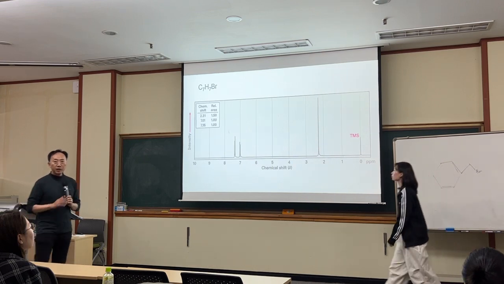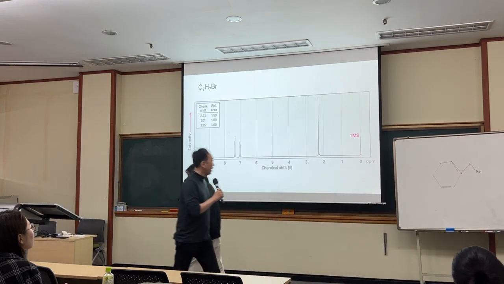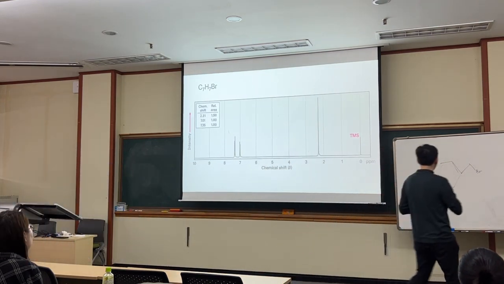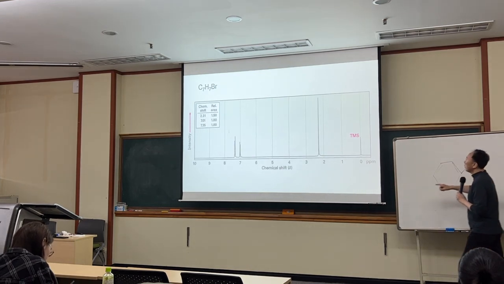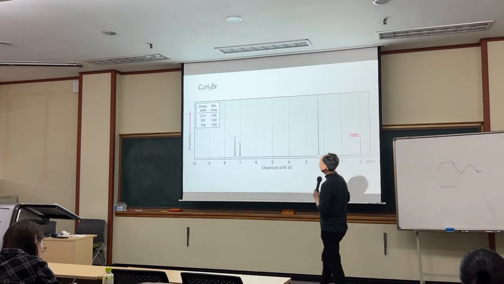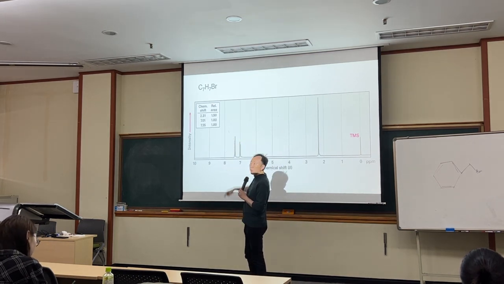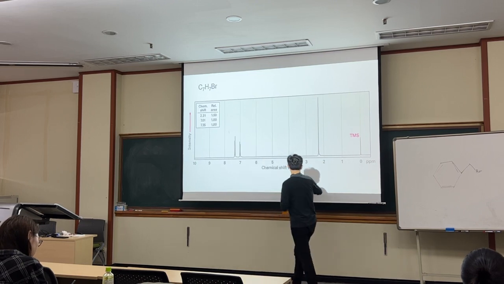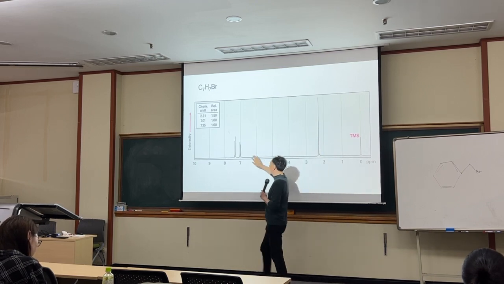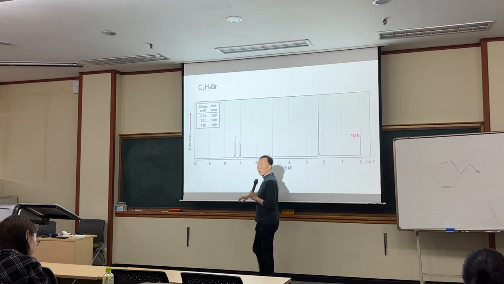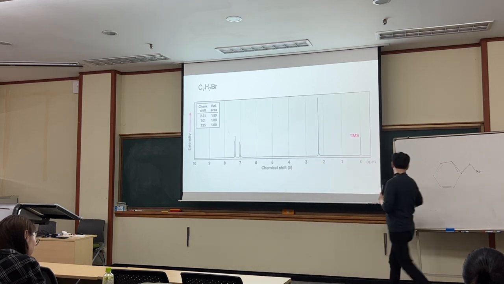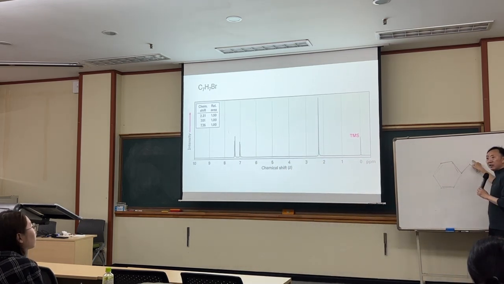Okay, Gilman suggested this structure, and let's check. So this peak, now let's count the carbon number, the proton number. 1.511 is a double of them, 3, 2, 2, right? 3, 2, 2 means 3, 2, 2. 3, maybe this one. Is this a 3?